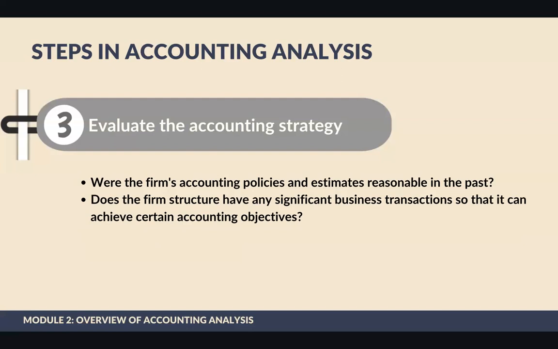And does the firm structure any significant business transactions so that it can achieve certain accounting objectives? You would take a look at the one-off transactions with either the parent or the subsidiary or any other related party, because they might use these one-off transactions just so they can achieve a certain accounting objective. All right?